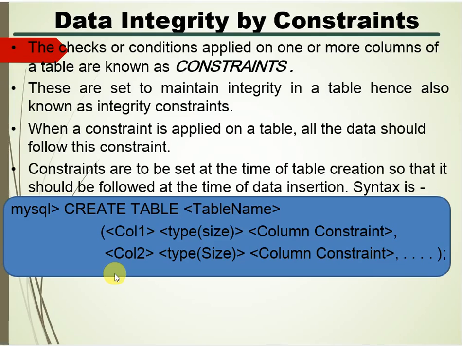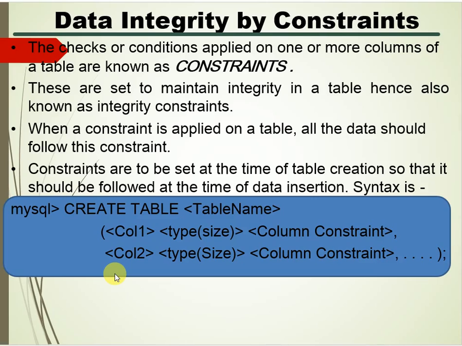Now we'll move to the next thing, table integrity by constraints. The checks or conditions applied on one or more columns of a table are known as constraints. Meaning if you want to apply a condition on specific fields, that is known as a constraint.